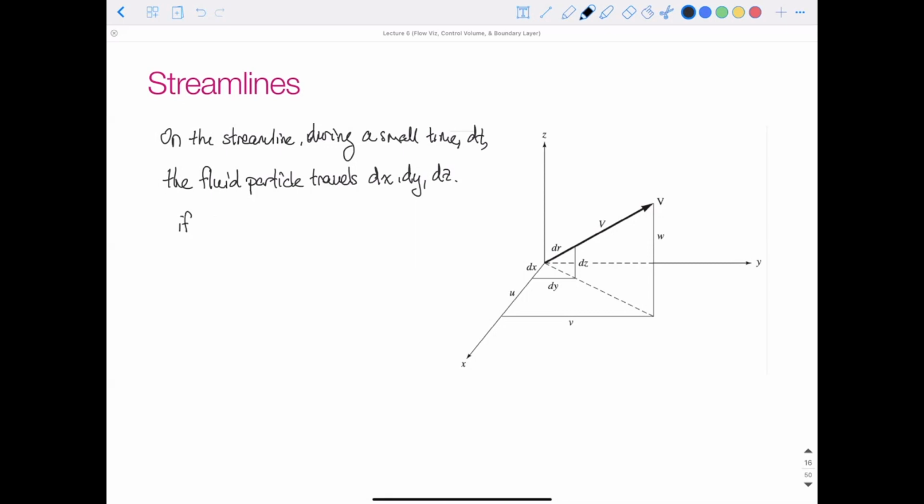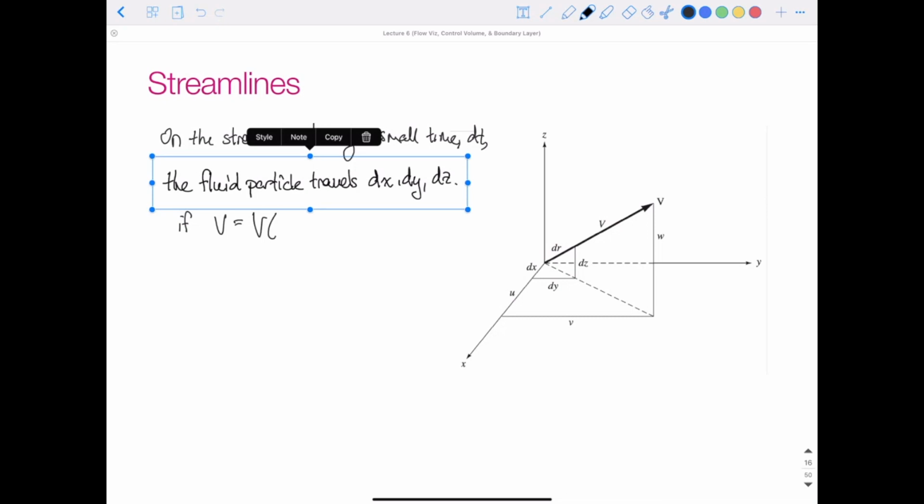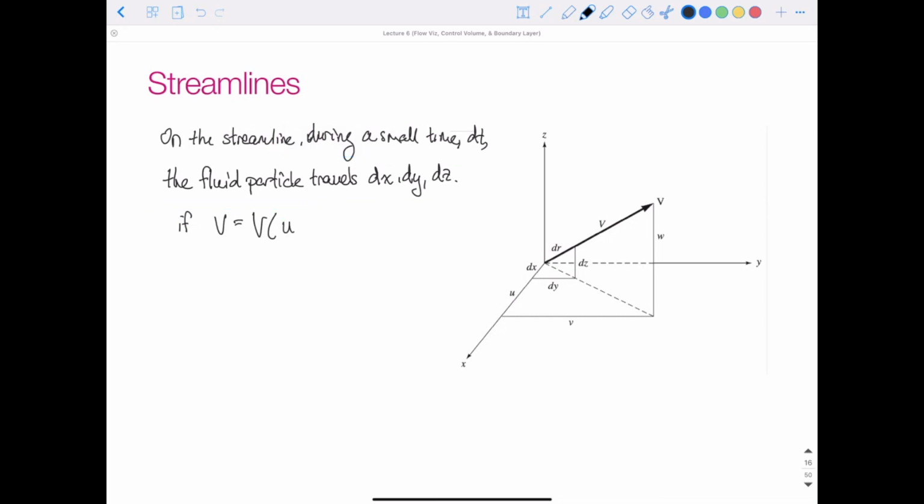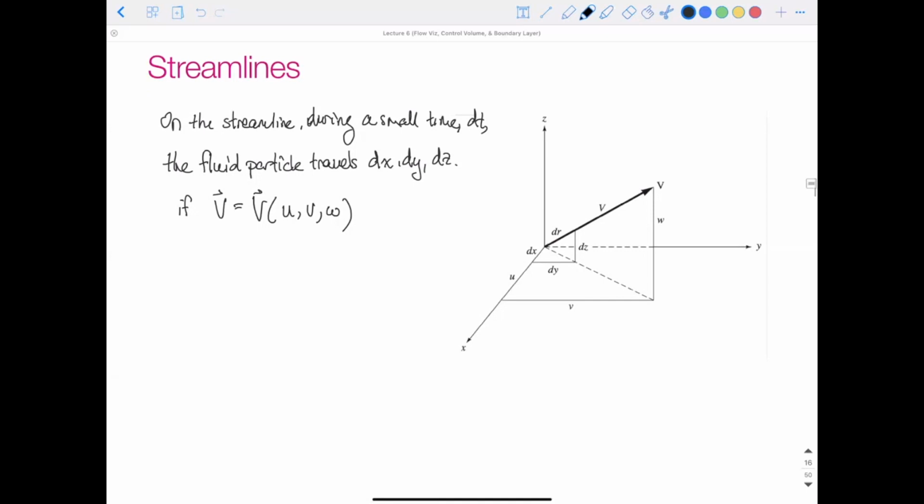So if our velocity vector V has components u, v, and w, we can write u equal to the x velocity, dx/dt, v equal to the y velocity, dy/dt, and w equal to the z component of velocity, dz/dt.